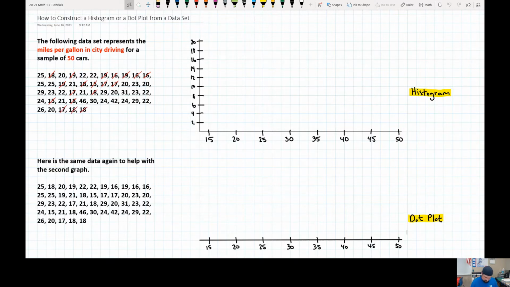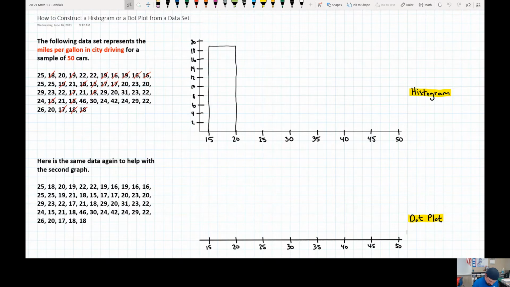We have 19 numbers that are 15 or more, but less than 20, and that tells us the height of this first bin. That's going to be 19. We'll draw that on here as the first bar, going from 15 up to, but not including, 20.